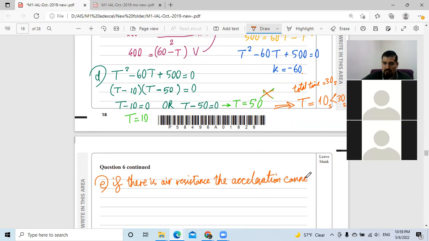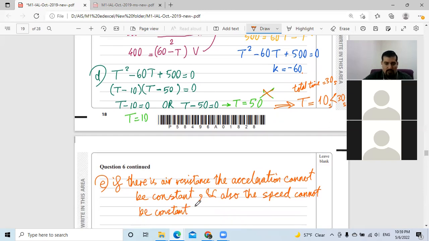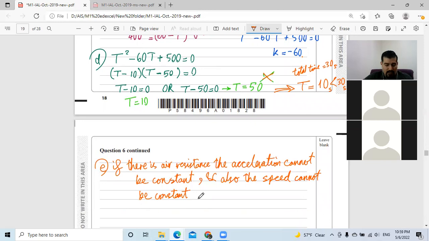And also the speed cannot be constant or uniform. Also, there's reaction time, or there will be slowing down at the finishing line or something like this.